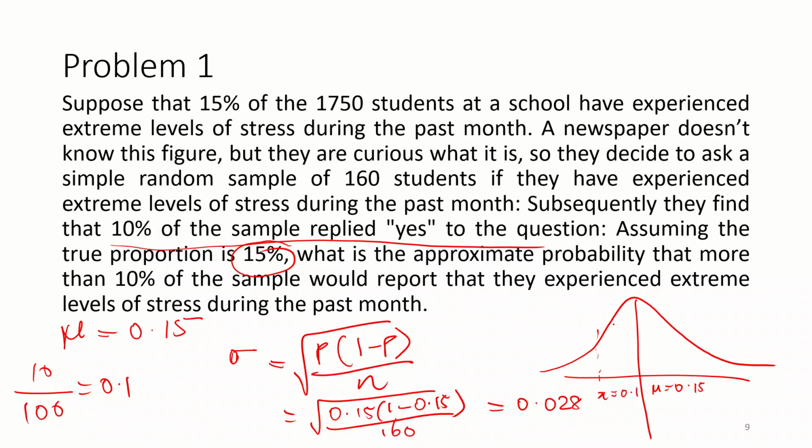We have to find the area under this curve. So we have to get the z value and add it to 0.5, because this area is 0.5. So you have to find the area of this shaded portion and then add it to 0.5.